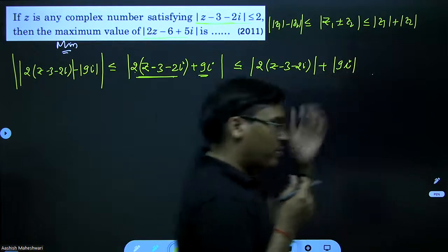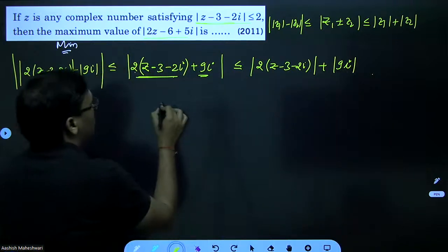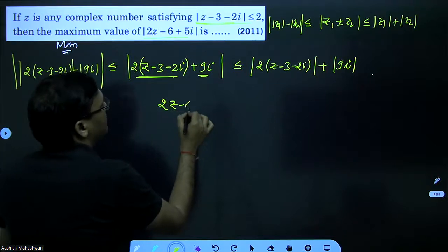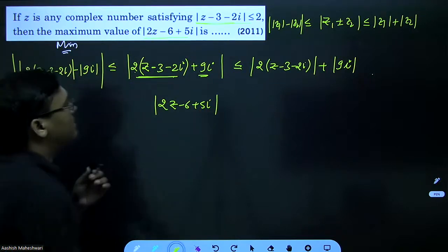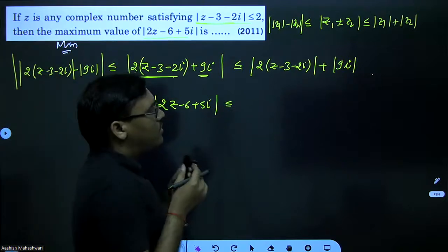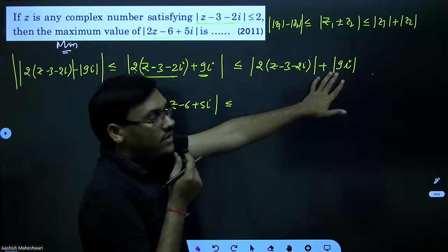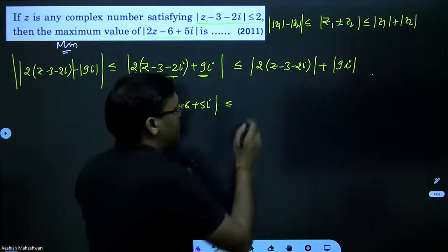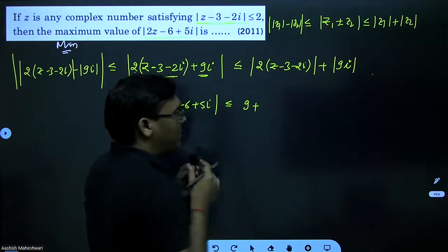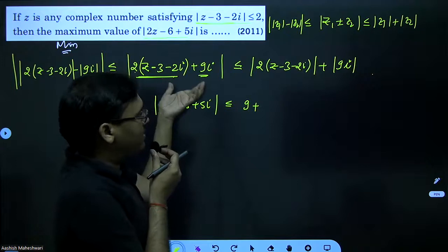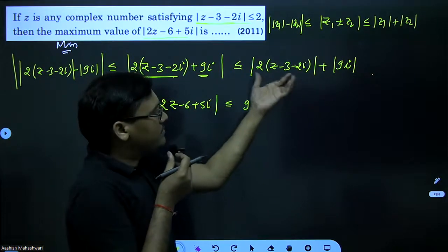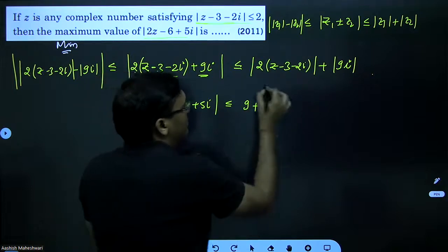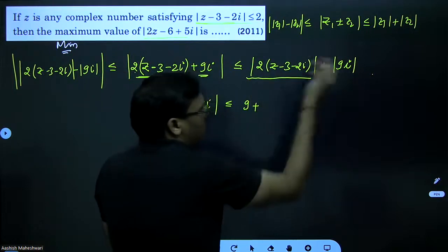Now this expression, modulus of 2z minus 6 plus 5 iota, is less than or equal to 9 plus something, since modulus of 9 iota is a constant 9. If you have to find the maximum value, what is the maximum possible value will depend on this part only, because 9 is constant.